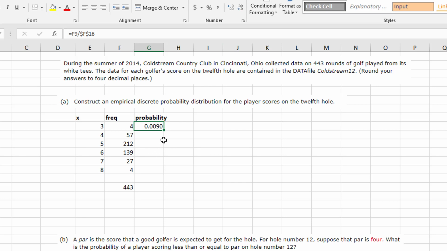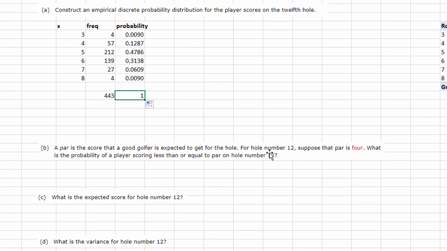All right, and so somewhere here it said round your answers to 4 decimal places. So I think that would be 4. And now I can copy this straight down. A good habit to get, copy that sum to make sure this column sums to 1, because all probabilities should sum to 1, right? All right, now it says here, based off of this table data, what is the probability of a player scoring less than or equal to a par?